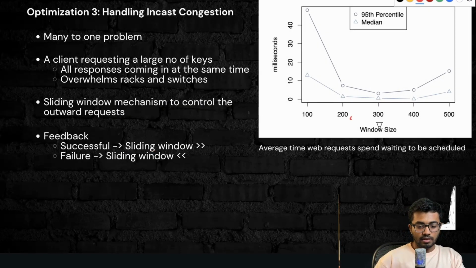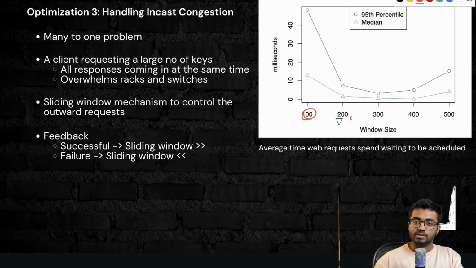As the window size increases, this is a very common thing, because at smaller window sizes it's kind of like serial execution. This graph represents the milliseconds of wait time, so the web request had to wait this amount of time before getting processed, right? If the window size is pretty small, say 100 units, then they had to wait a lot, because after a response comes back, the next window goes in.